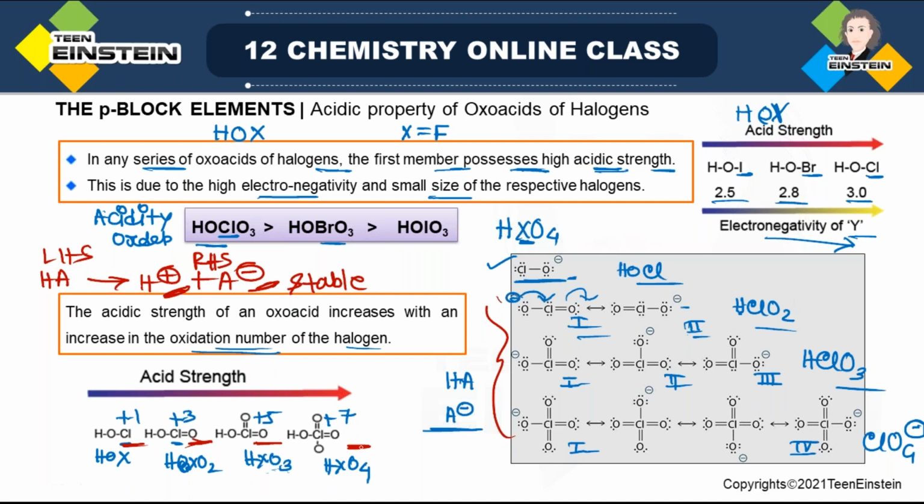Another explanation you can give, the number of resonance structures is increasing for the conjugate base. Fine. So this is maximum acidity. This is the acidity order. So here, any doubt? Should I repeat any part?